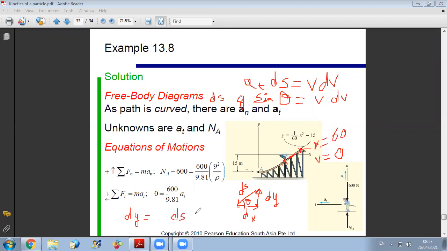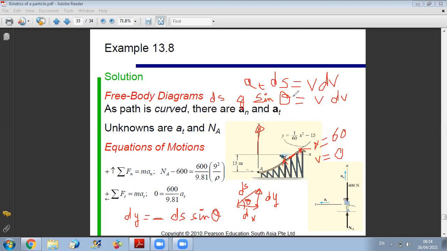So is dy equal to plus ds sine theta or minus ds sine theta? To know this, you should look at the variation of y and s. As s is increasing, because ds is counted positive downward, y will be decreasing because the y axis is positive upward. So as you move down on your curve, s will increase and y will decrease. This is why dy is minus ds sine theta.